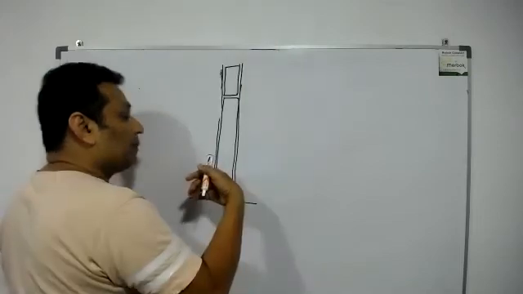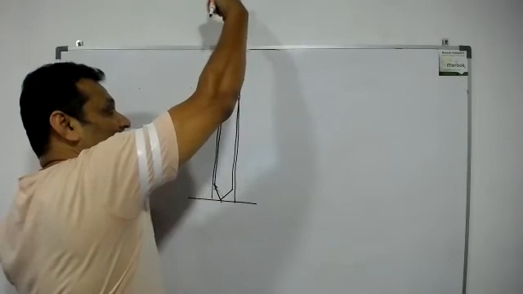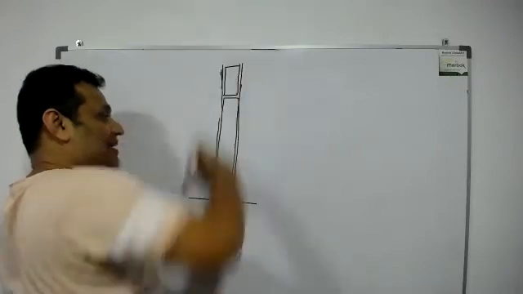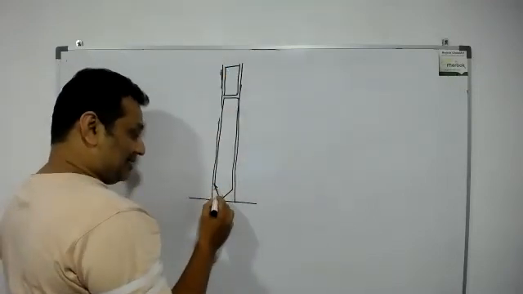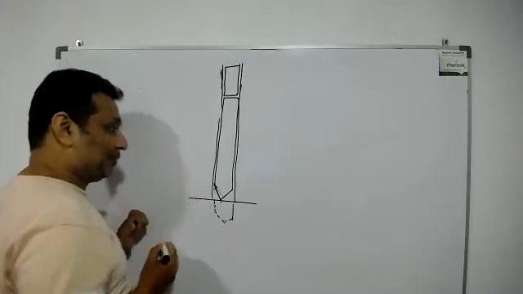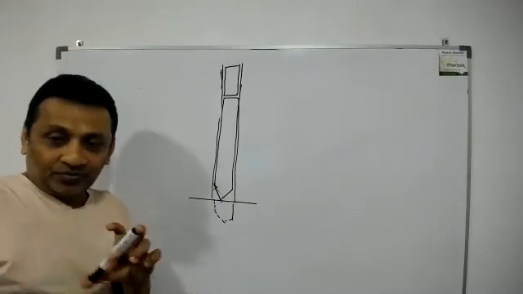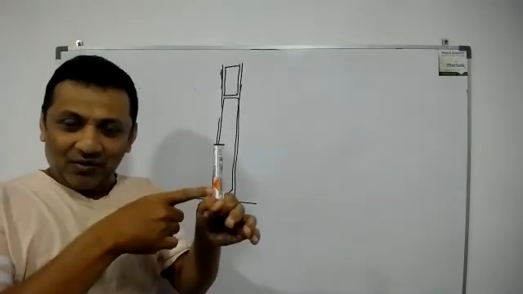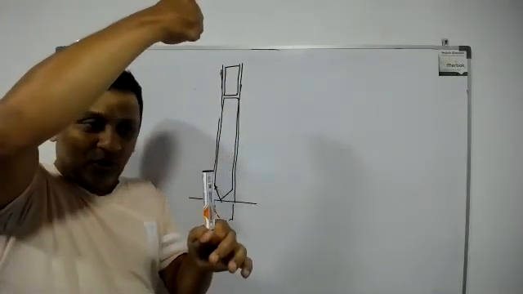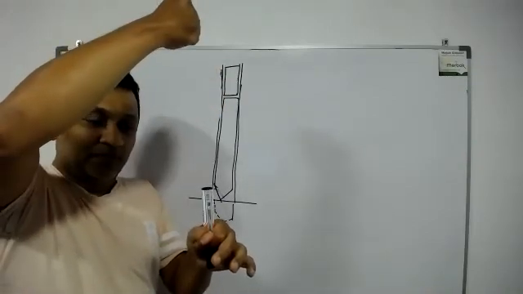It comes and hits. Again lift it up, release it. It comes and hits. Every time it hits, little by little, this pillar will go down. Are you clear? Simple idea. We raise it and put it on the pile. Again, lift it, release it.